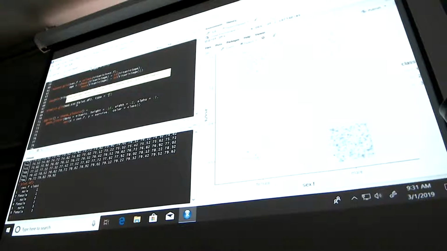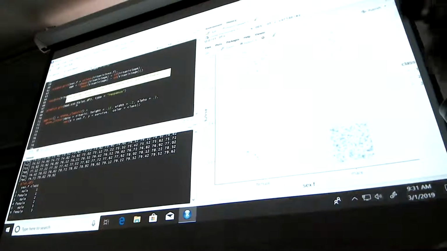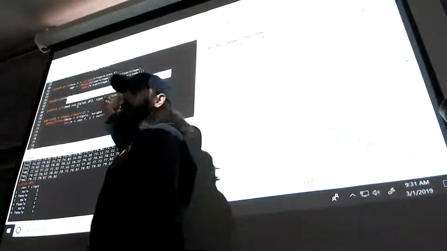Since we're making a probability plot here, which remember is the only space where you can see the raw data, you just have to put type equals response.